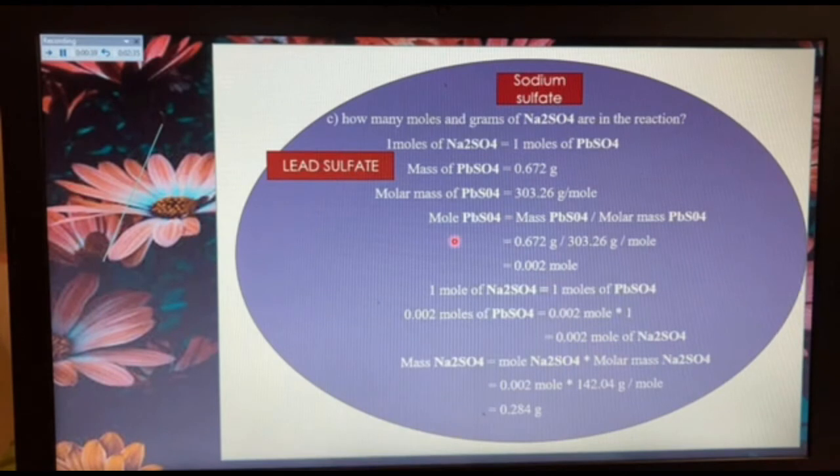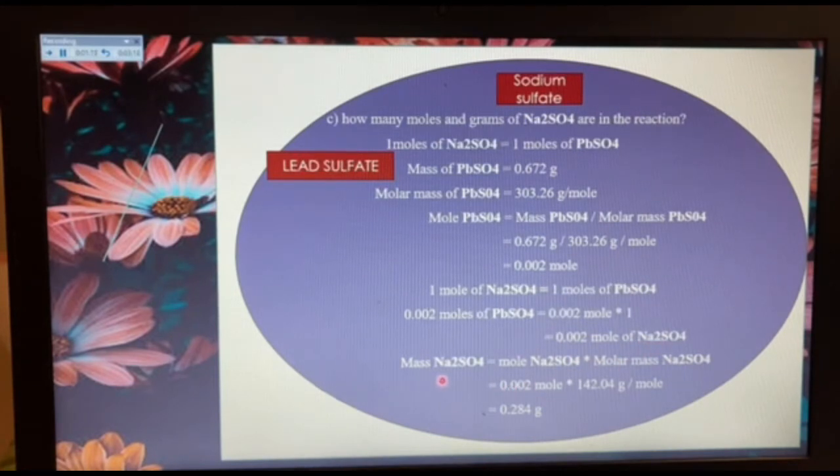Moles of lead sulfate equals mass of lead sulfate divided by molar mass of lead sulfate, and the answer is 0.002 mole. 1 mole of sodium sulfate equals 1 mole of lead sulfate, so the moles of lead sulfate, times by 1, gives the same moles of sodium sulfate.